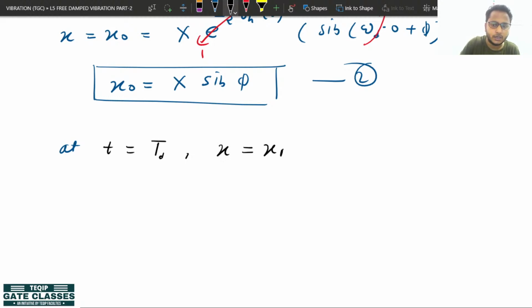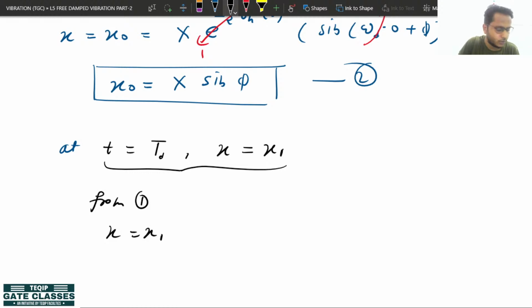Putting the same thing in equation number 1, x will become x1 if we put t equals td, right? So x1 equals capital X exponential to the power minus zeta omega n into td.